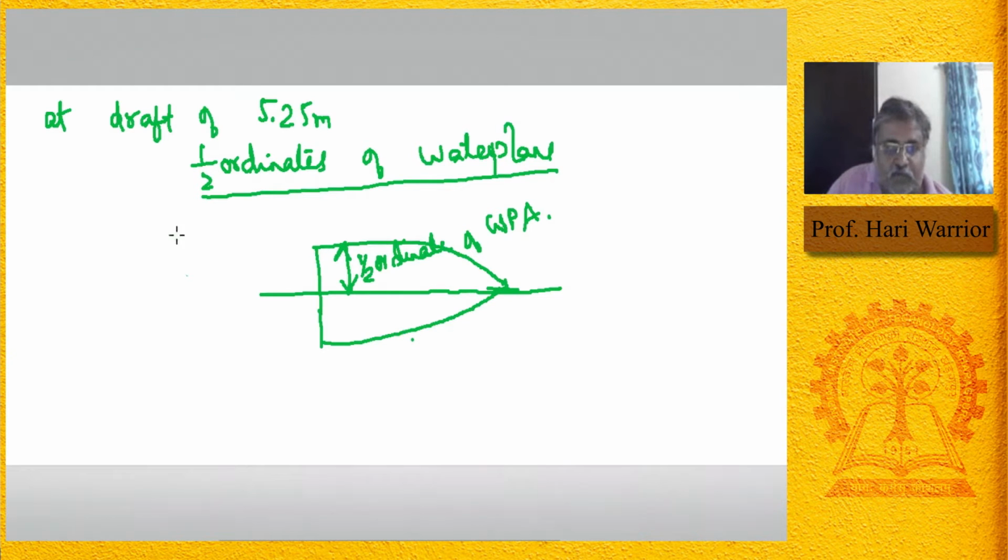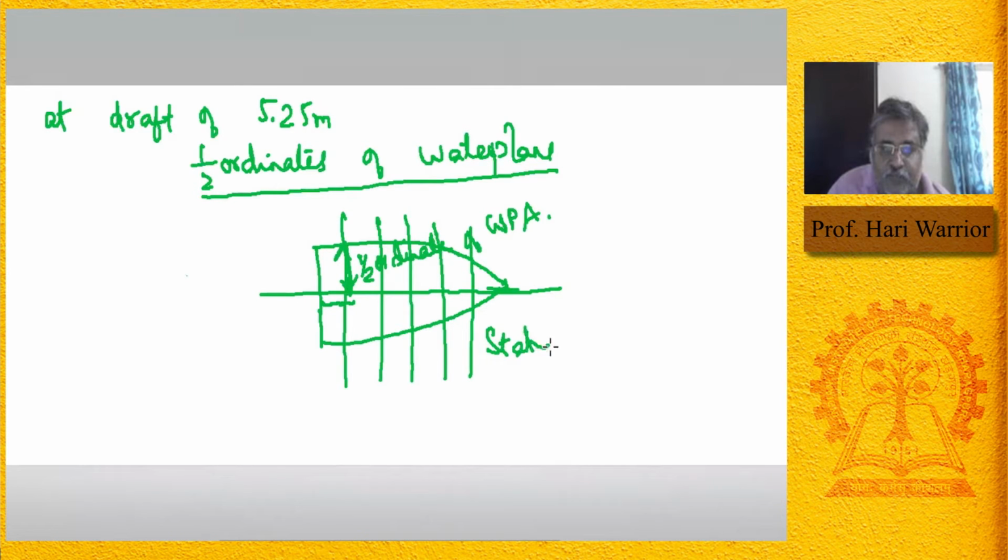What that question means is basically this half ordinate of water plane, for a particular water plane, what does it depend upon? It depends upon this distance. Stations. Exactly. Stations. So you will be talking about the half ordinates of water plane at various stations. So at various stations you will be talking about the areas.